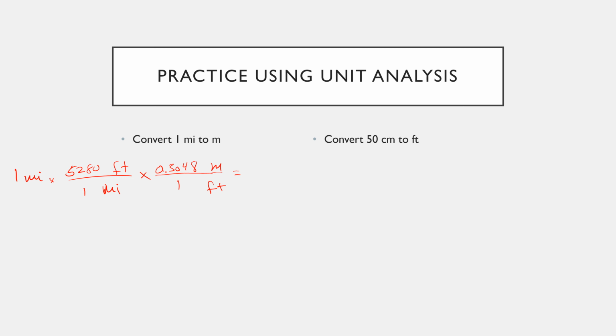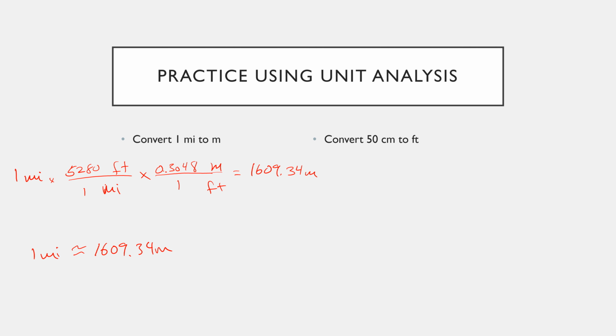So it's going to be 1 times 5280 times 0.3048, and that's going to give us 1,609.34 meters. So 1 mile is approximately equal to 1,609.34 meters.